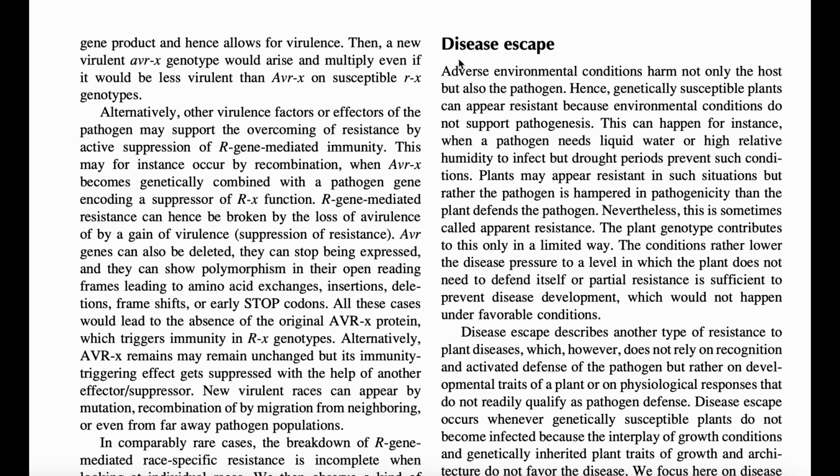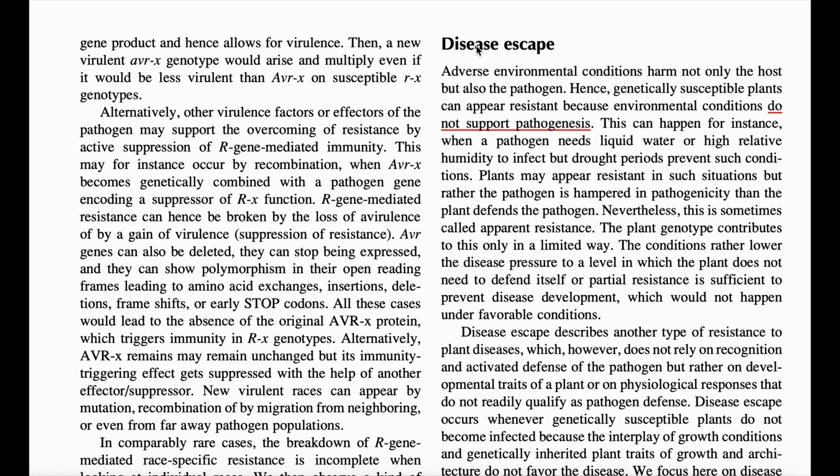From this point we will come across a few terms such as disease escape and disease tolerance. The advanced environmental conditions harm not only the host but also the pathogen. Hence, genetically susceptible plants can appear resistant because environmental conditions do not support pathogenesis. We have discussed the disease cycle and the disease triangle. So in the triangle, what are the basic requirements?